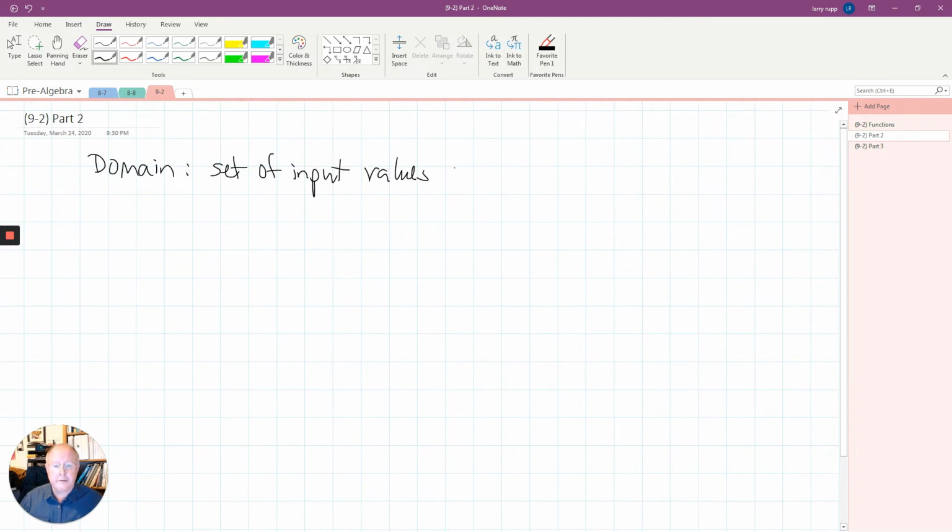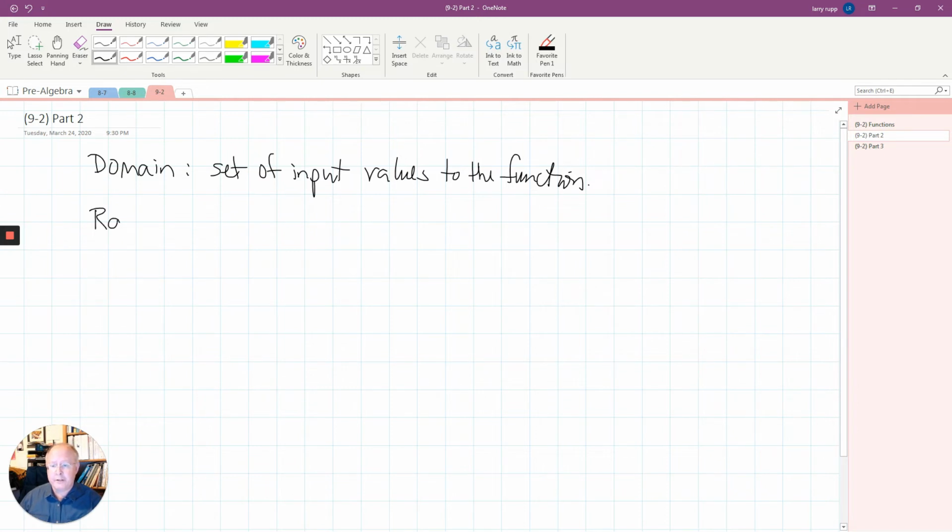Usually, especially at this level, that really means all real numbers. You can throw anything into it. That's not always the case, but for here, that's probably going to be more than likely true.